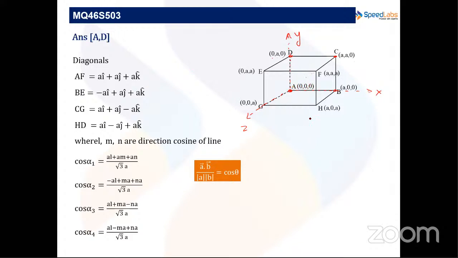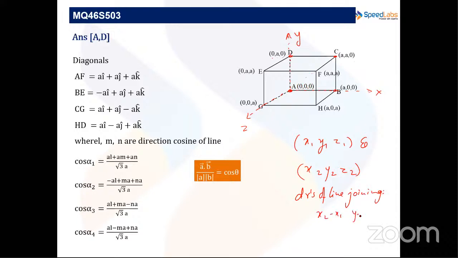So AF, if we are having the 2 points x1, y1, z1 and the other point x2, y2, z2, then direction ratios of the line joining the points is given by x2 minus x1, y2 minus y1 and z2 minus z1.